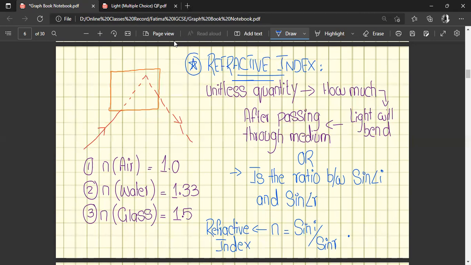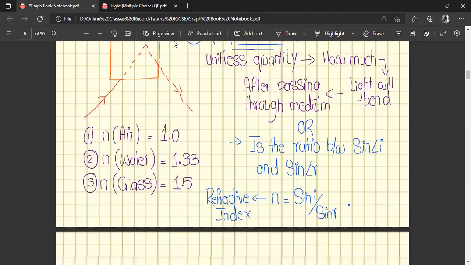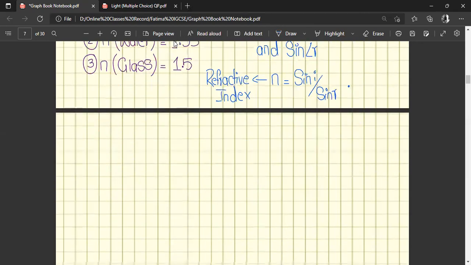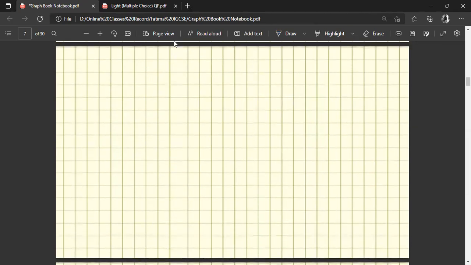You can simply pass a beam or a single ray of light through that medium, measure both the angle of incidence and the angle of refraction, then divide the sines of both values. You will get the refractive index for that specific medium. Any confusion? No. Okay. So this is the formula for calculating the refractive index.